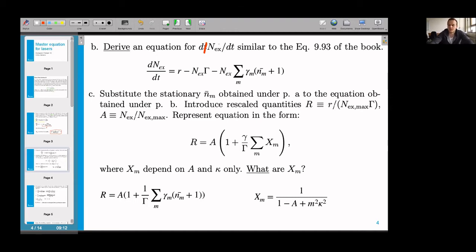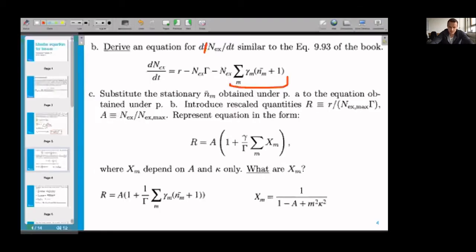So just for the derivative of the number of excited atoms, that is similar to the equation of the book. And again, the only thing that needs to be considered is that this time gamma depends on m and n depends on m, and we need to sum over all possible modes. So that's what you're asked to find.